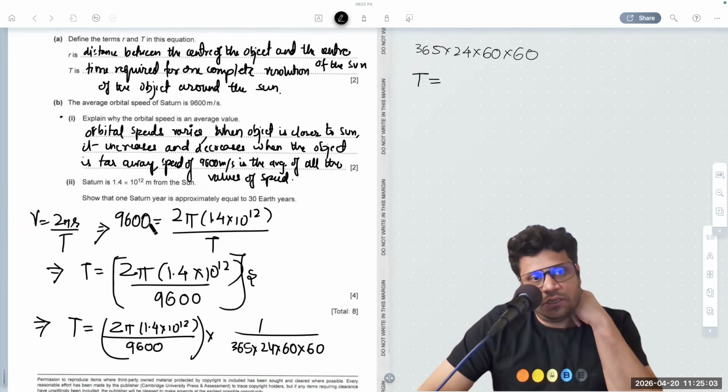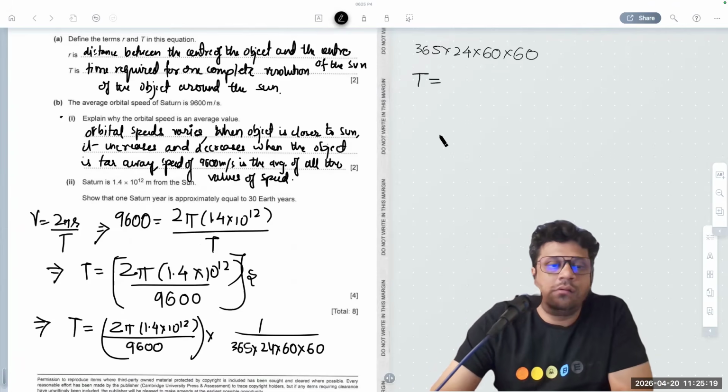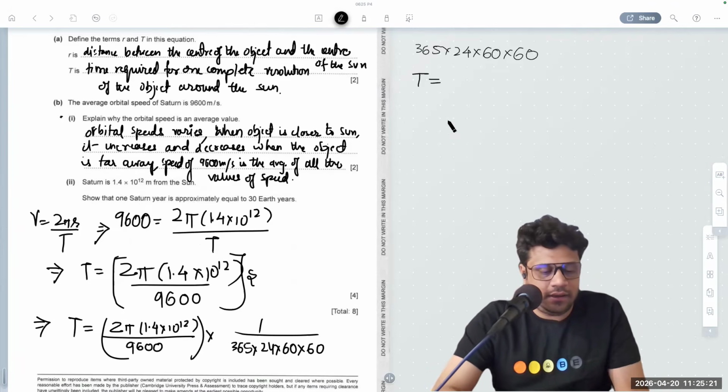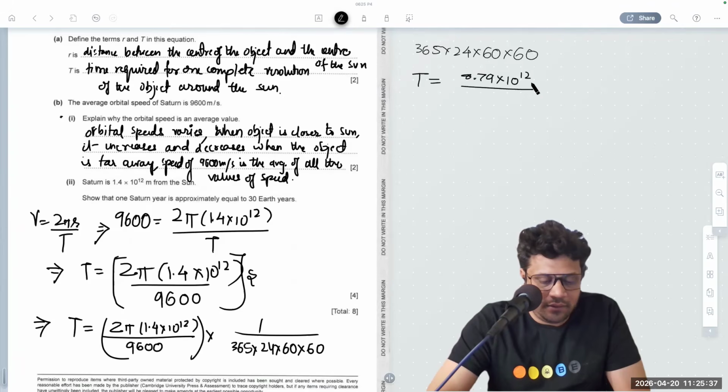V equals 2 pi r by t. T comes out to be these many seconds. Okay, so I'm going to do the calculation now. Let's see. 1.4 into 2 into pi. So that's basically 8.79 into 10 to the power of 12 divided by 9600.